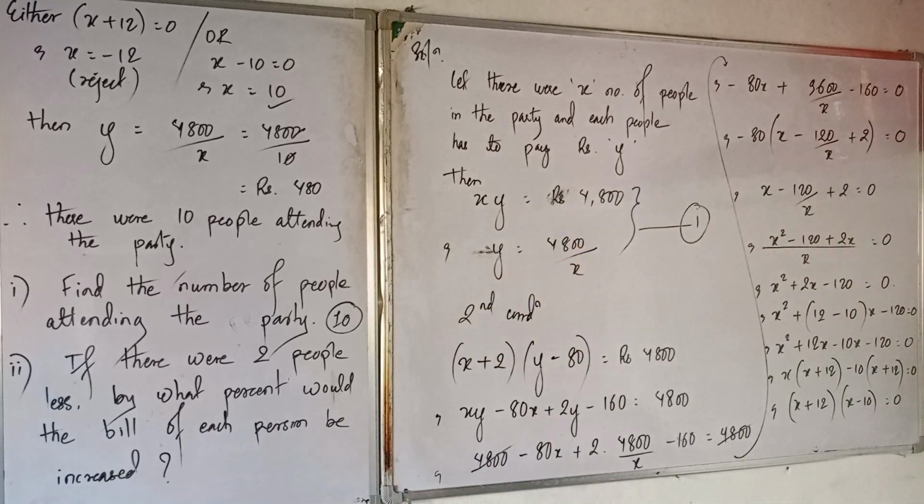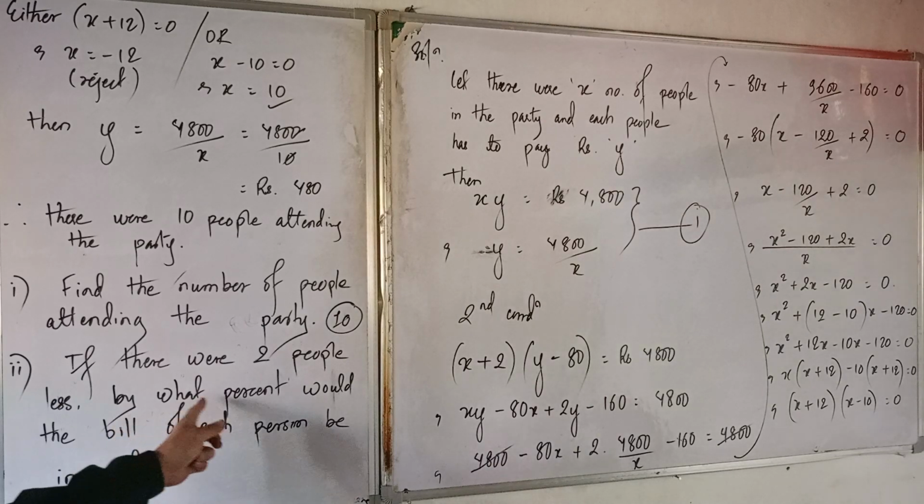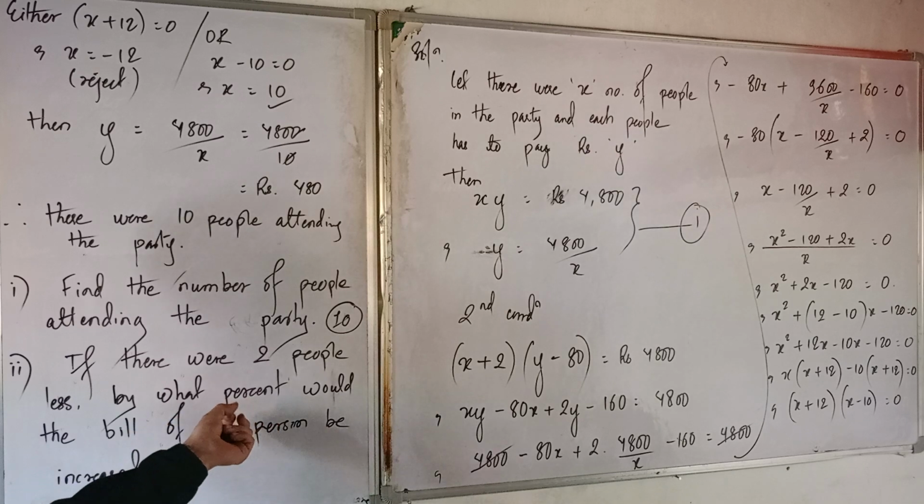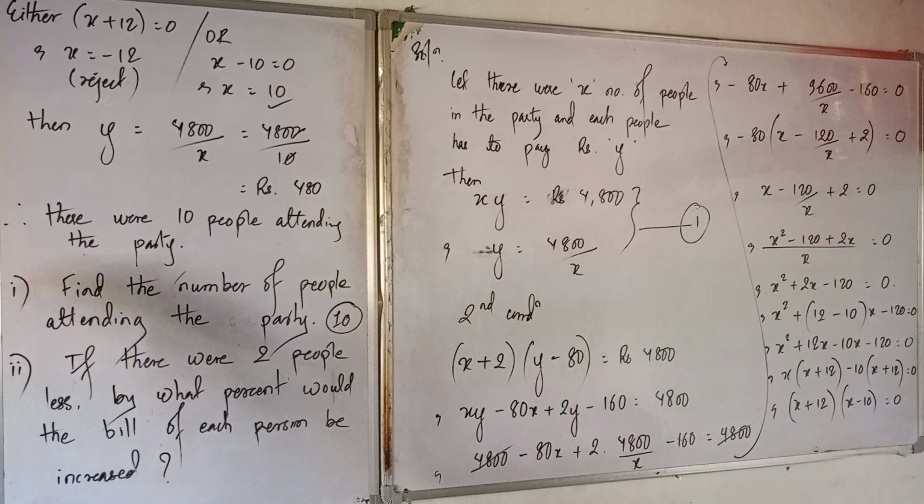What happened in that situation is that the cost gets increased by some amount for each person. So we have to express that increased amount in percent.